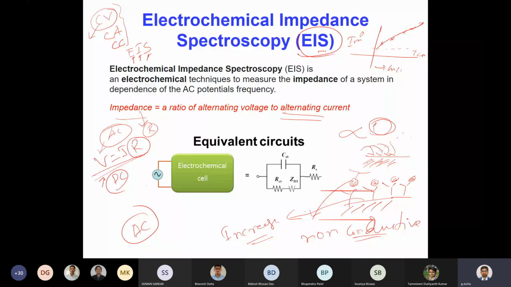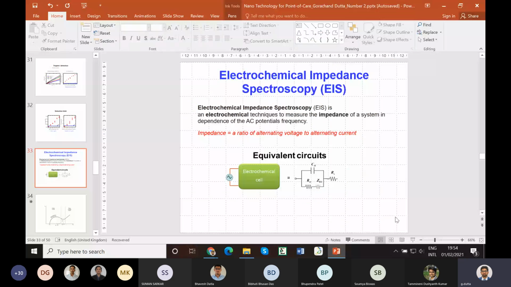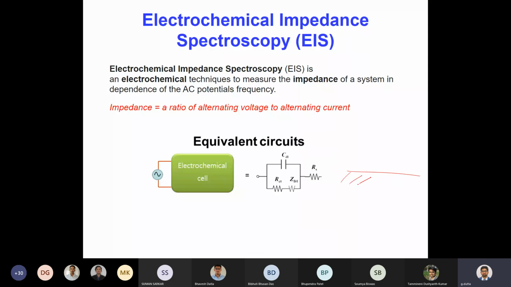Okay, now let's come to the parameters. Which parameters will we measure from the EIS? Let's remove all the writing here. See, this is your surface, and here is something you are adding.